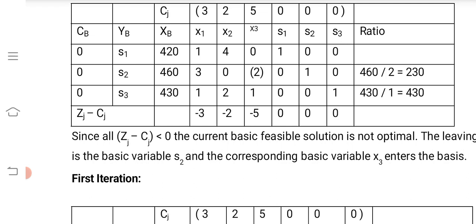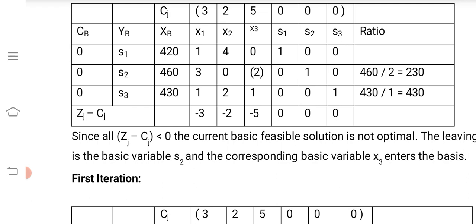The condition is that all Zj minus Cj should be greater than or equal to 0; then we stop the problem.